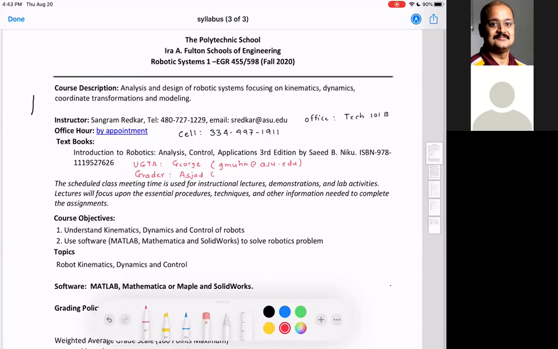And he is online. So what I'm gonna do is, Asjad, I'm gonna unmute you for a second, and then you can say a few things about yourself and also give them your email, or you can send the email on to the chat window.